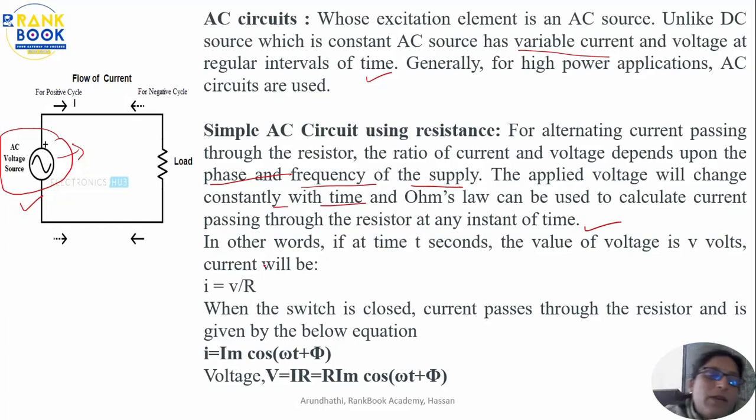That is given by I is equal to V by R. When the switch is closed, current passes through the resistor and gives the equation I is equal to Im cos(omega t plus phi), and voltage is given by V is equal to I into R.